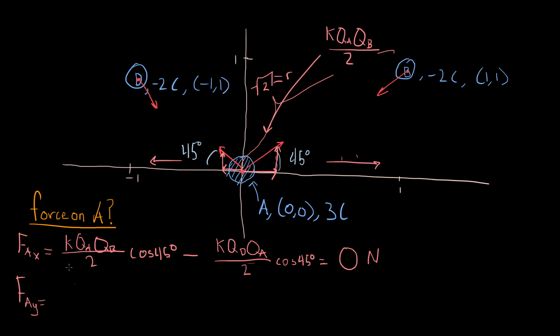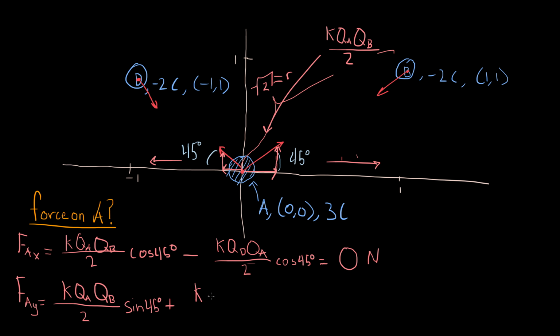So this will be K, QA, QB, all over 2. This time we're multiplying it by sine theta, sine 45 degrees, because we're trying to find the other leg of it. Coincidentally, sine 45 degrees and cosine 45 degrees are the exact same thing.